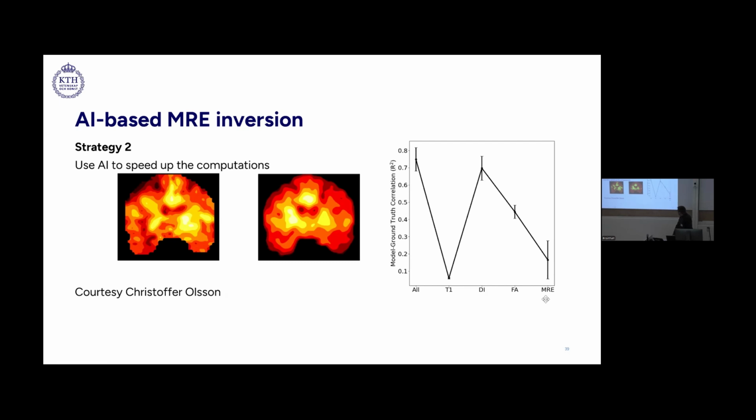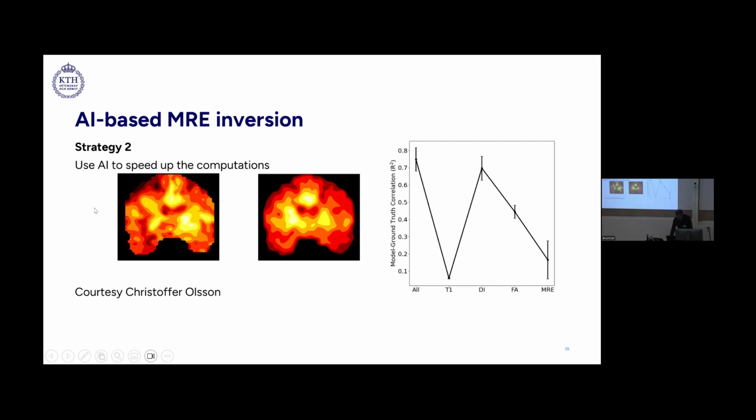What we could see, which was good news for us, is that you cannot really predict mechanics from T1, so you actually need something else. FA is related to diffusion, so it was kind of okay, but maybe not enough. That was some time ago.